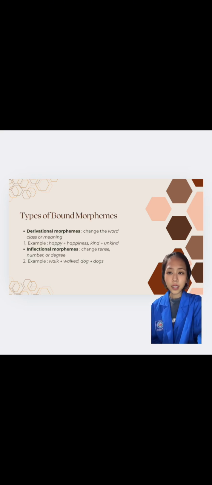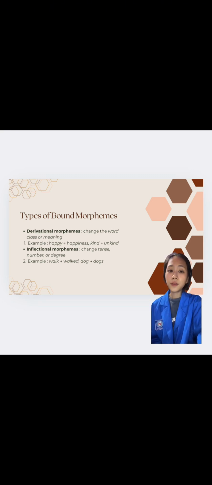For next slide, it's types of bound morphemes. There are two kinds of bound morphemes: derivational and inflectional. Derivational morphemes create a new word or change its part of speech. For example, happy becomes happiness, or adjective to noun.